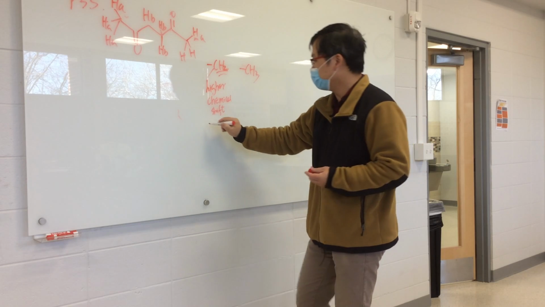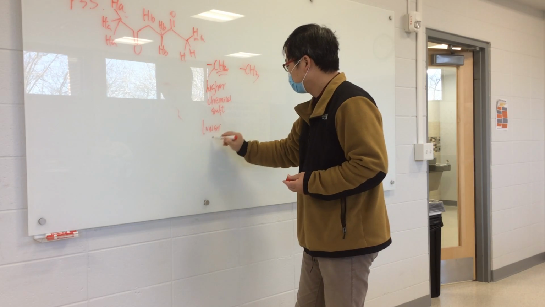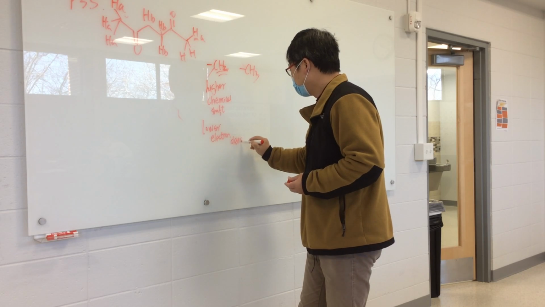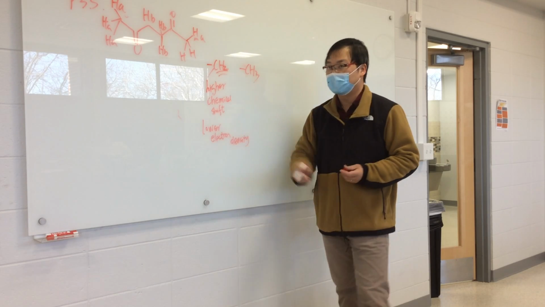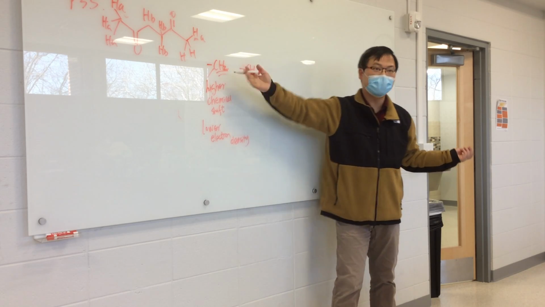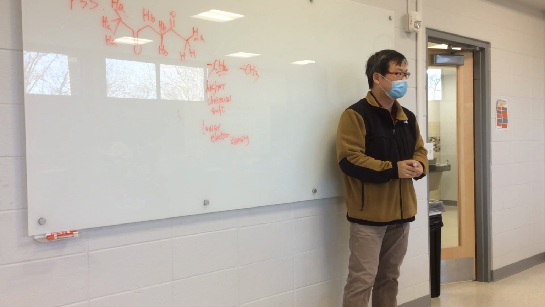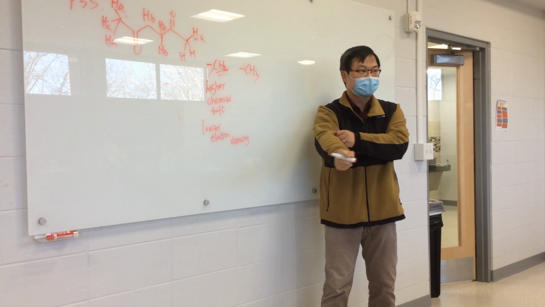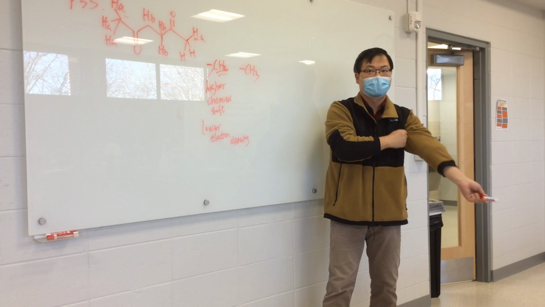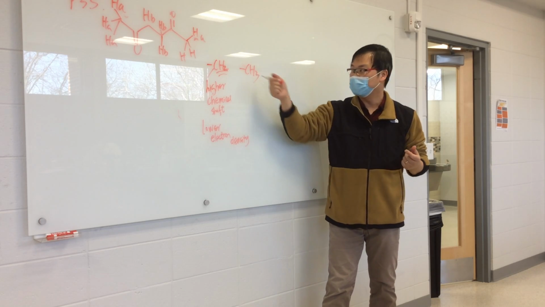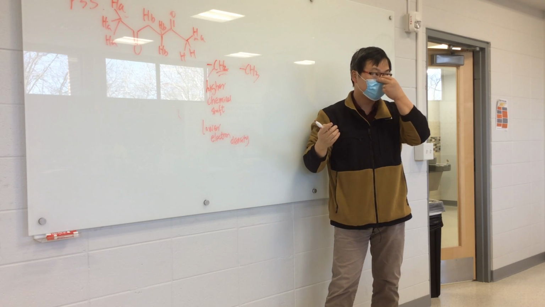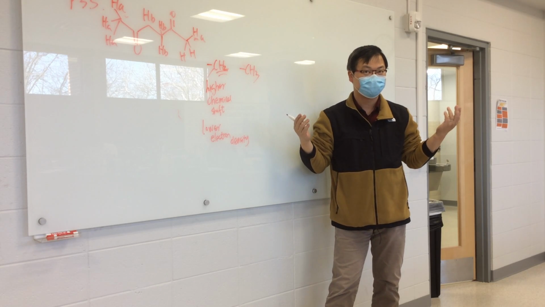Why? Because it has lower electron density. Because it has 3 hydrogens, it has 2 hydrogens, the electron density is lower. When there are more electrons, the electron density is higher.